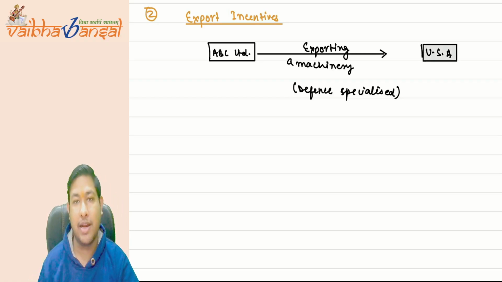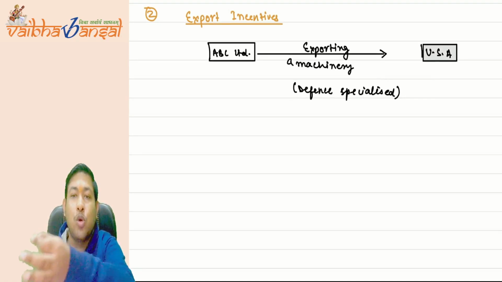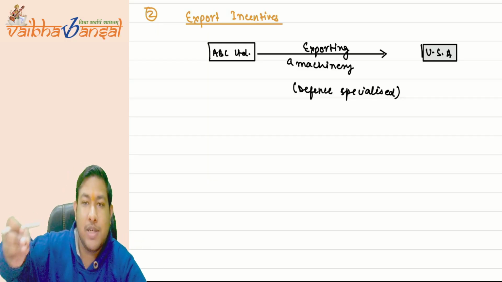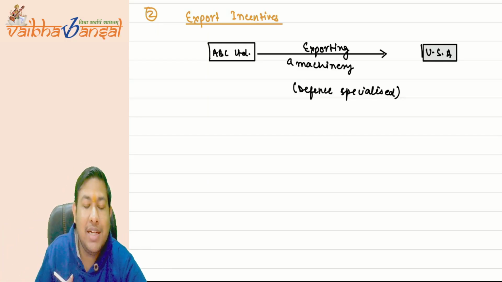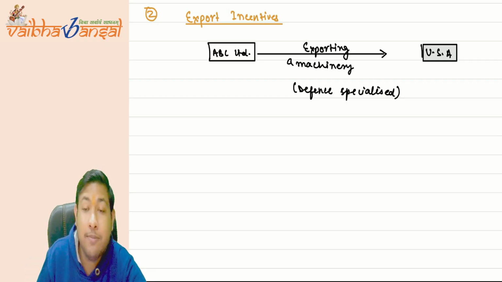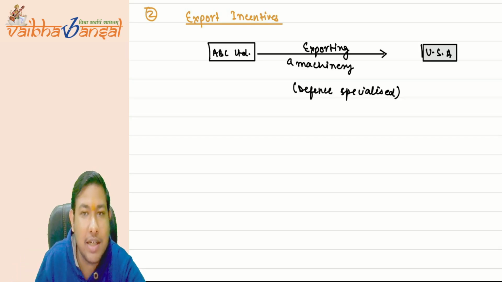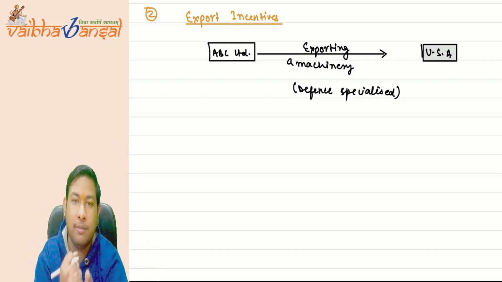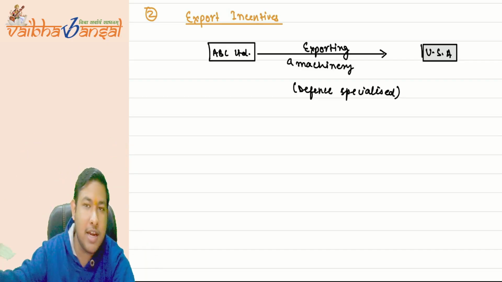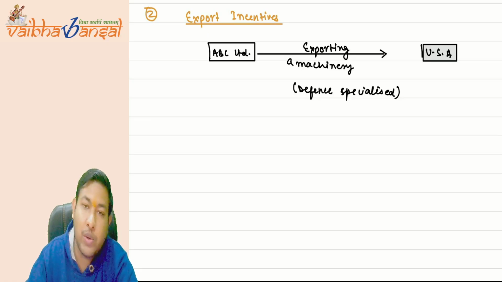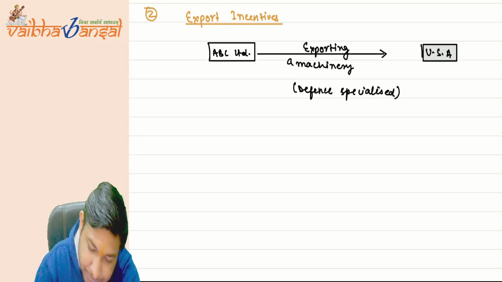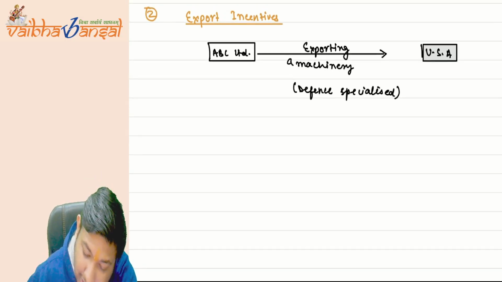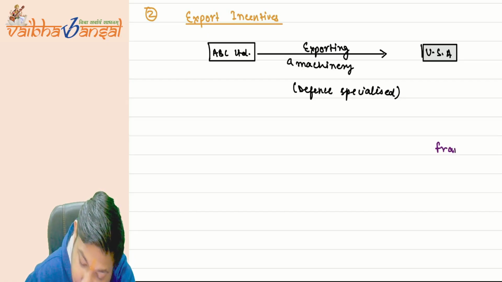Now, for exporting defense specialized machinery, we might need some imports. We might need some parts of that machinery that may be imported from another country, and we will assemble it in India, put the Make in India stamp on it, and export it to the USA. Suppose there is a country, France.